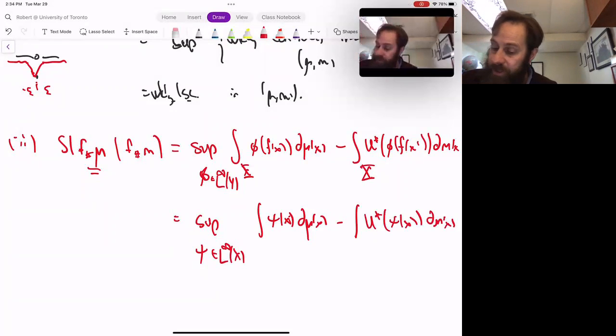And then the only question is that maybe psi here is phi of f of x, but this is a smaller supremum. Not every function.